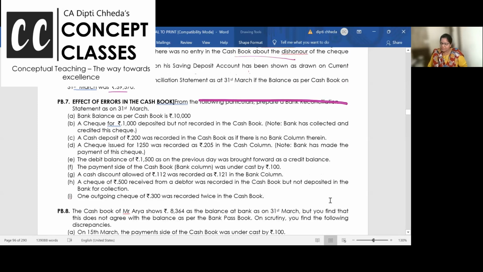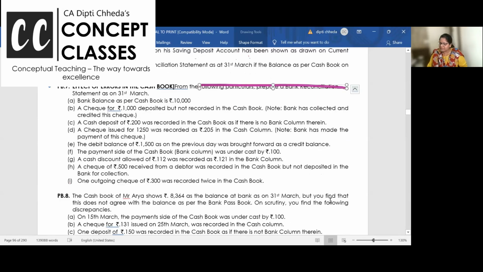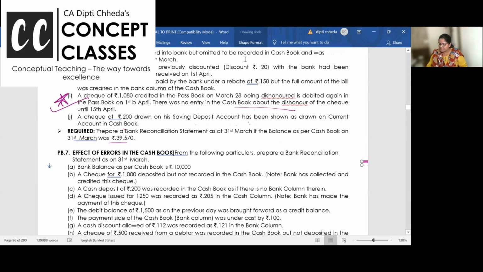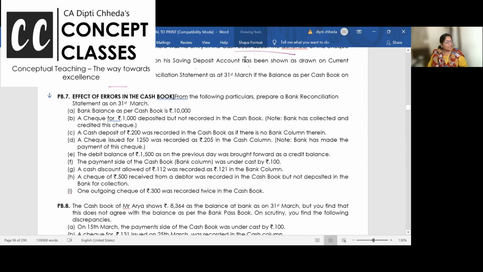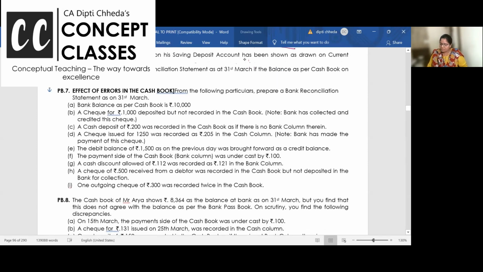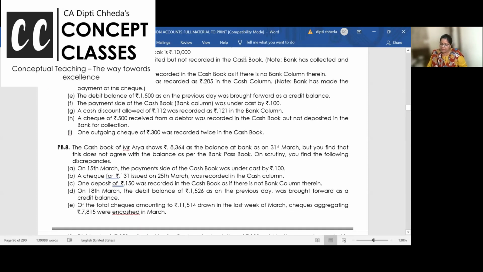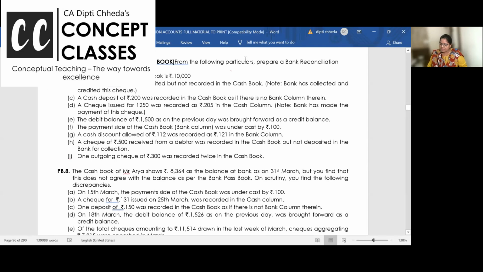Let us read the 7th question now in class. Following particulars, prepare the bank reconciliation statement. Balance as per cash book is given 10,000. A check of 1,000 deposited, not recorded. So it's like error of omission.